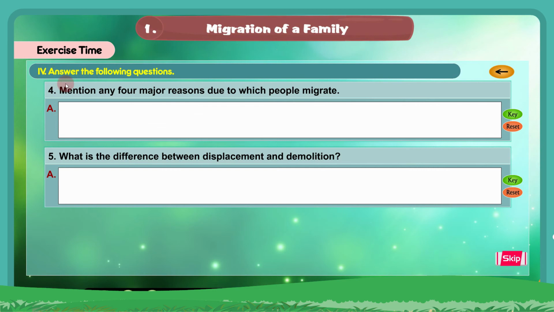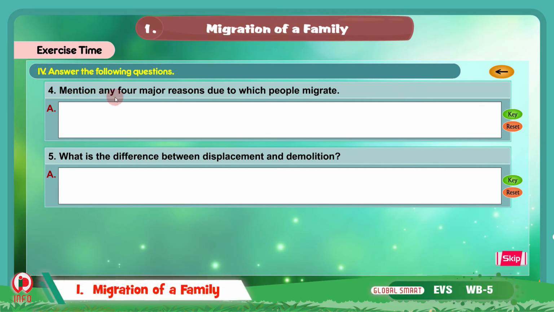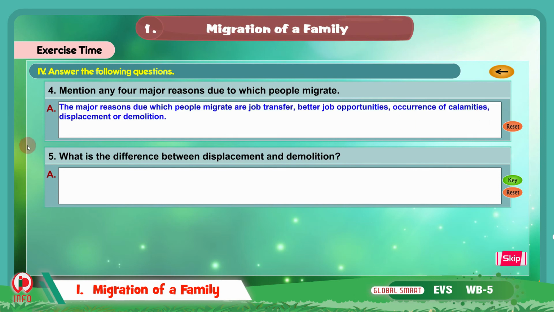The fourth question is, mention any 4 major reasons due to which people migrate. Yes, we have to write here 4 major reasons due to which people migrate. The major reasons are job transfer, better job opportunities, occurrence of calamities, displacement or demolition.